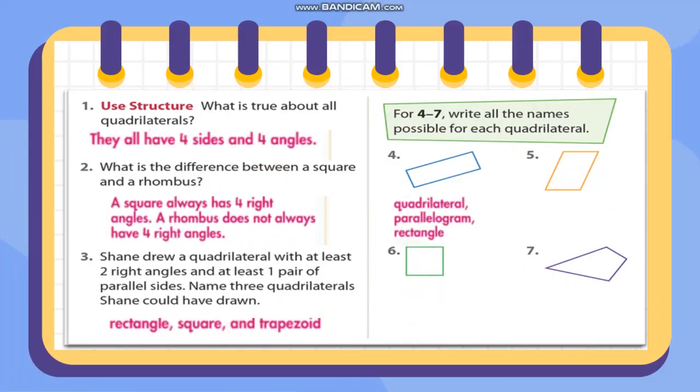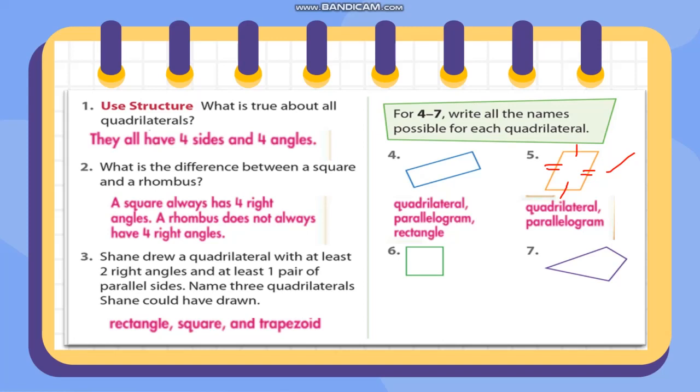Okay, so what kind of quadrilateral is this? So this is considered a quadrilateral because it has four sides and four angles, and this is what we call a parallelogram. And parallelogram is a family of quadrilaterals. Why parallelogram? Because there are two pairs of parallel sides. Okay? Next, this is a square.